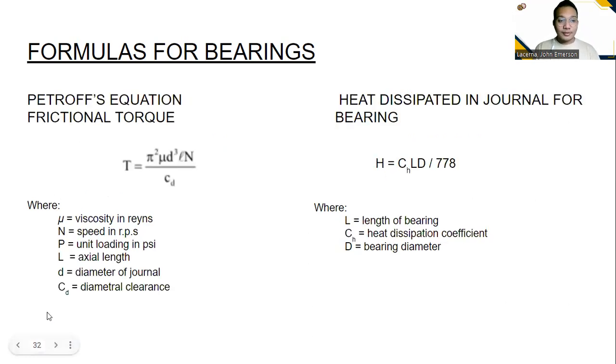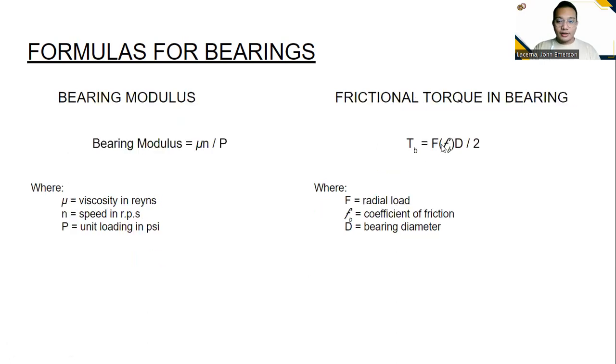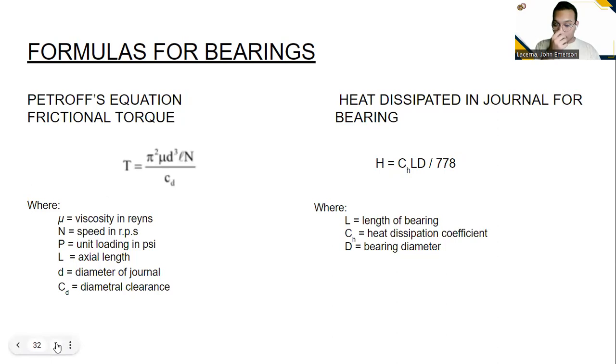So, frictional torque by definition, it is the torque caused by the frictional force that occurs when two objects in contact move. So, anong kaibahan yan? Meron tayong frictional coefficient of friction dito. May radial load, may diameter, and may over 2. May Petrov's equation, mas pinadami. Diba? Originally, Petrov's equation is used to determine the coefficient of friction natin.